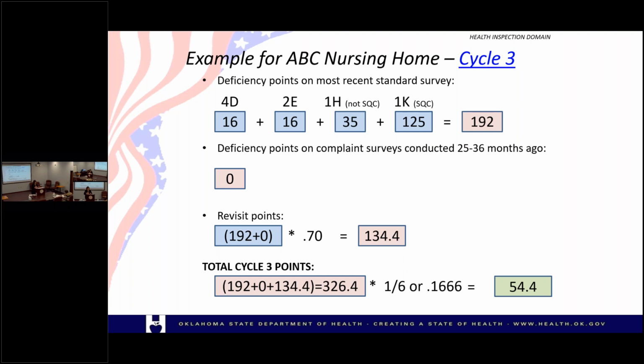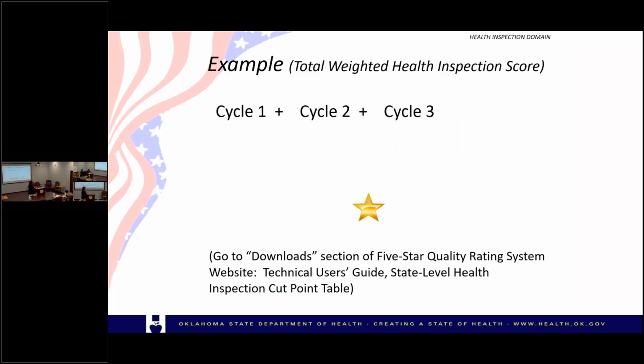And then we multiply it times 1/6 or 0.1666 because it's the third cycle year. And we get 54.4 points. Okay, now we add all of this together. And these are the steps that CMS takes in order to calculate your health inspection survey points that's posted on Nursing Home Compare.